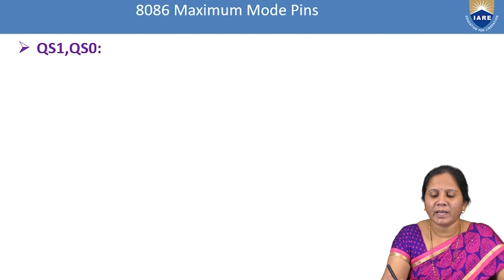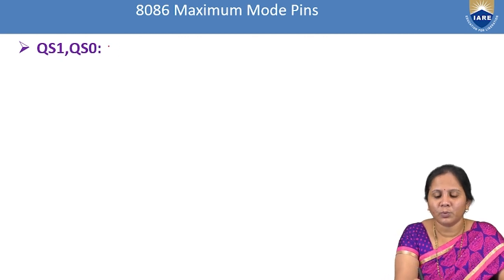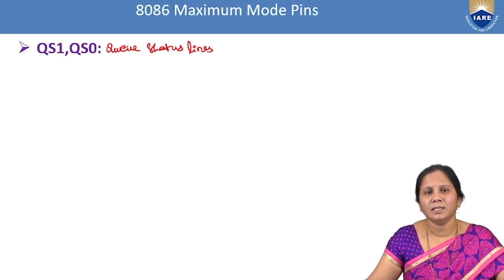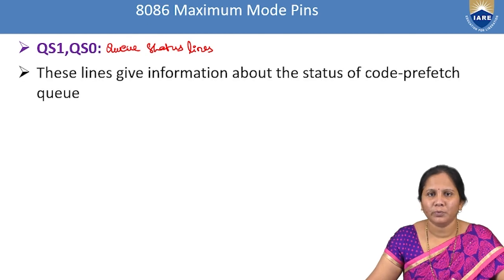And the next maximum mode pins are QS0 and QS1. They are called queue status lines. These lines give the status of the queue. We already know from the architecture that the 8086 microprocessor has a 6-byte instruction queue.